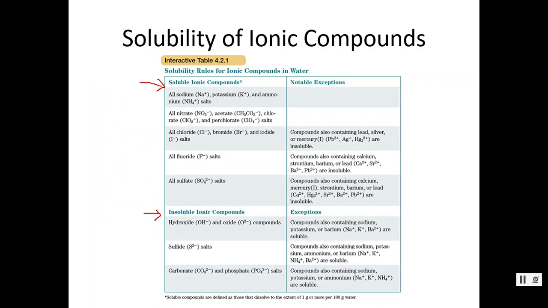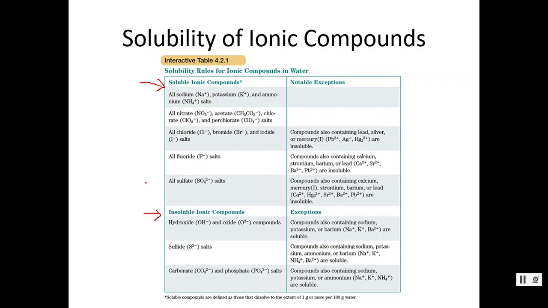So when presented with a molecule, you look to see which column it lies under, and most of the classifications are done by anion. So you look to see where that anion falls, either under soluble or insoluble. Some of them are listed by cation, but the majority of them are listed by anions.